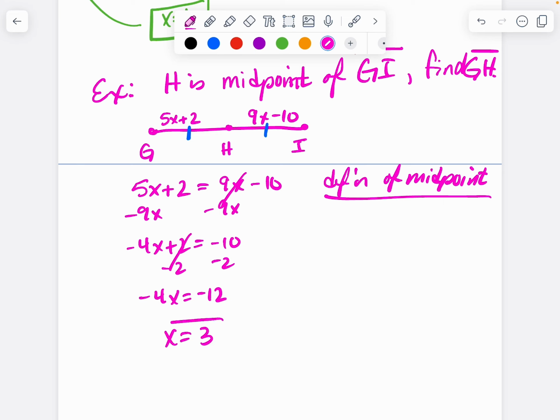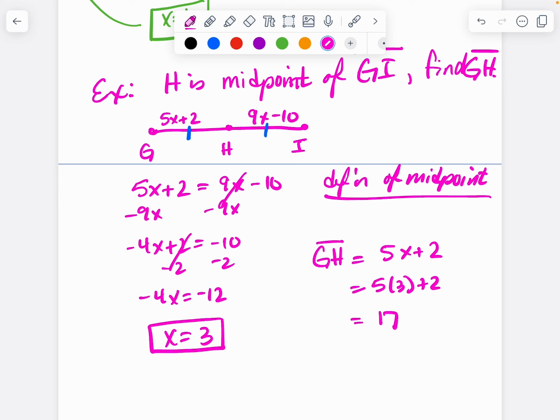X is 3. Now, I ask you to find GH. GH is 5x plus 2, so that's 5 times 3 plus 2. That's 17. So again, make sure that you answer the question that's being asked and not just one that you think.